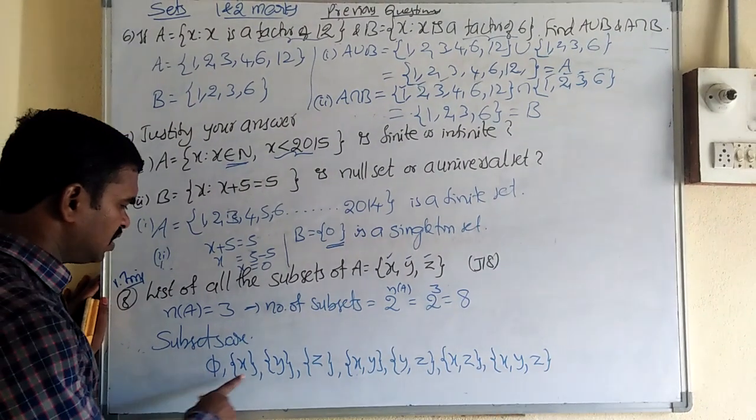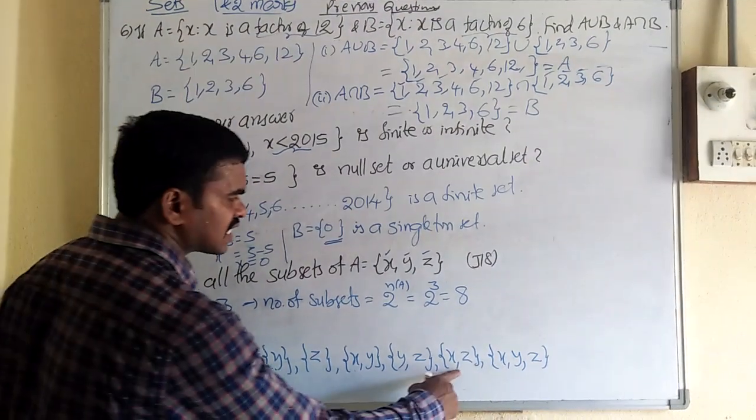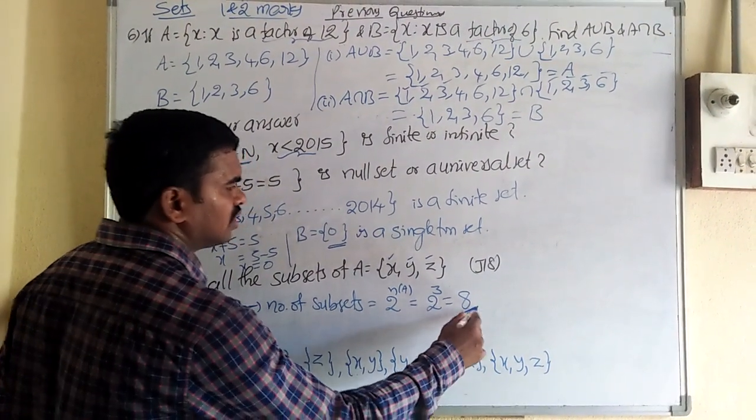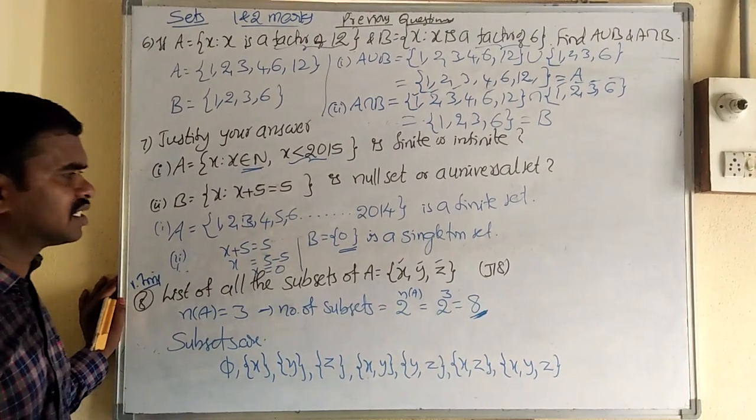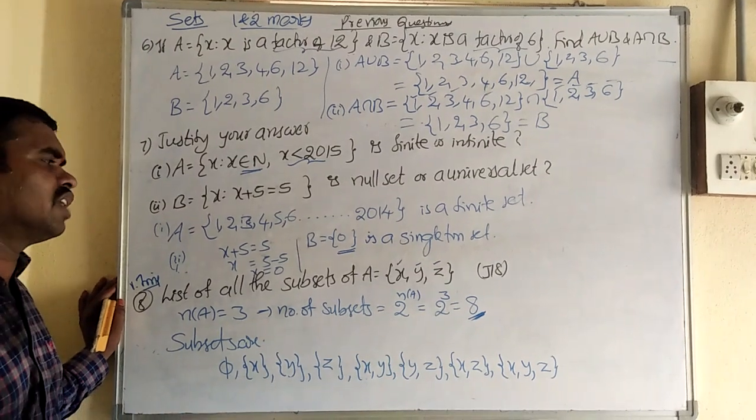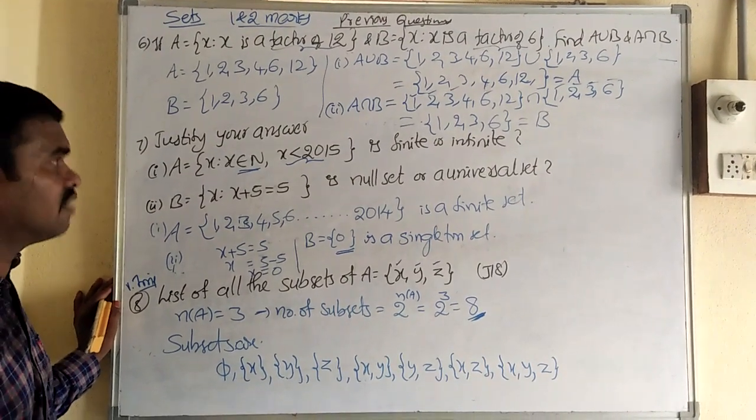Let us count: 1, 2, 3, 4, 5, 6, 7, 8. We should get 8. Not only for X, Y, Z, for 1, 2, 3 or any elements we can write in the same way.